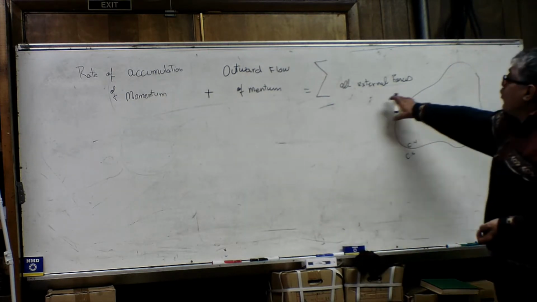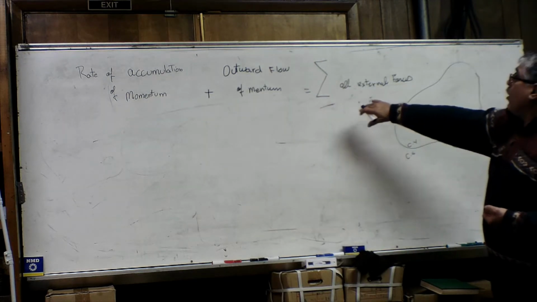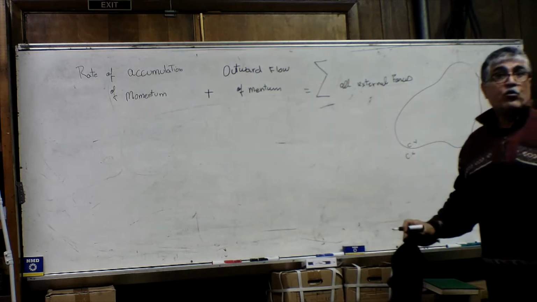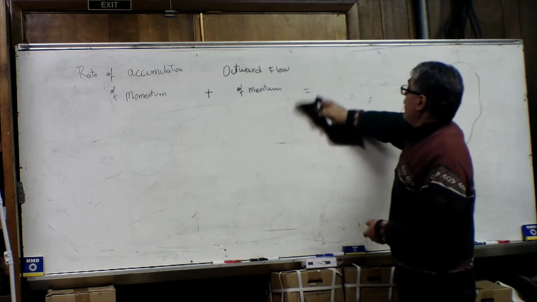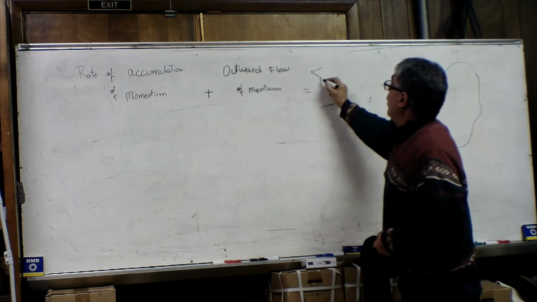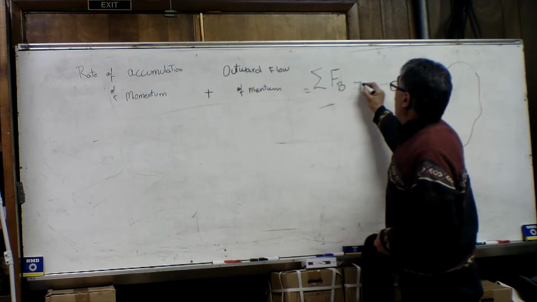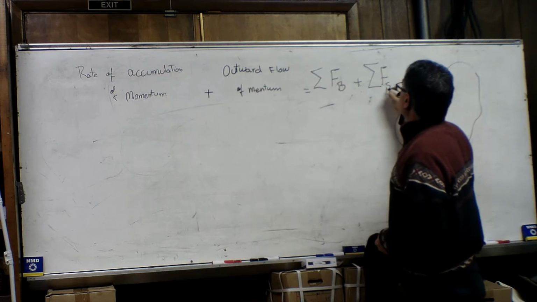So the summation of all external forces can be divided in two portions: the summation of all body forces plus the summation of all surface forces.